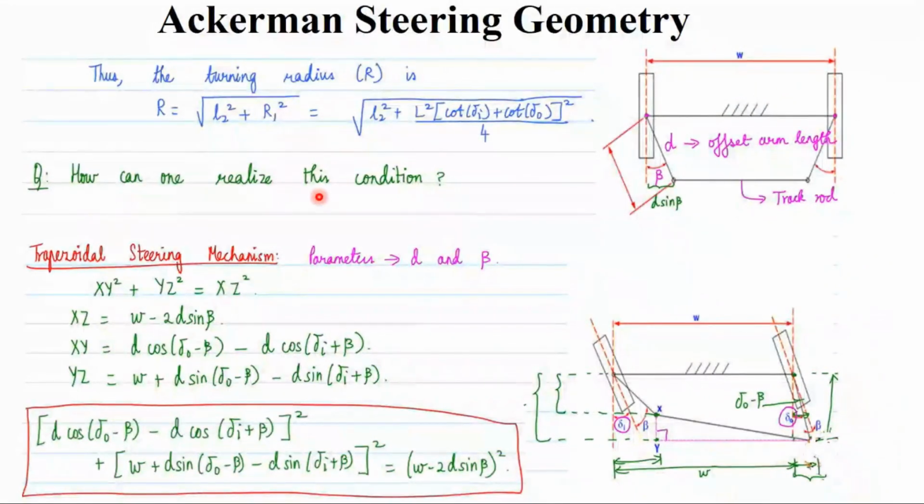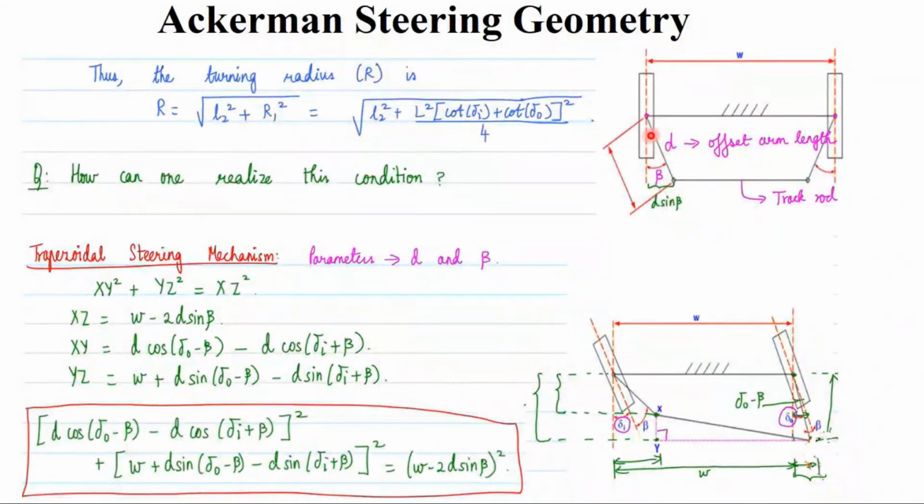And how can one realize the condition? Okay, the question right here is, while we are designing the steering system, how can one realize this mechanism? What are the governing parameters? Okay, let us see the governing parameters. So you have the parameters D and beta.